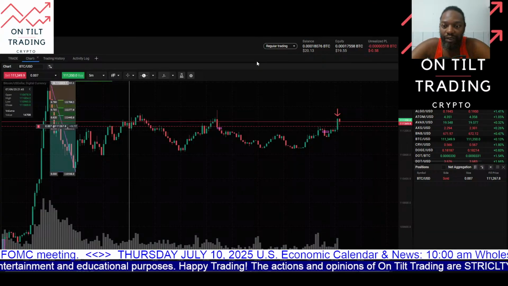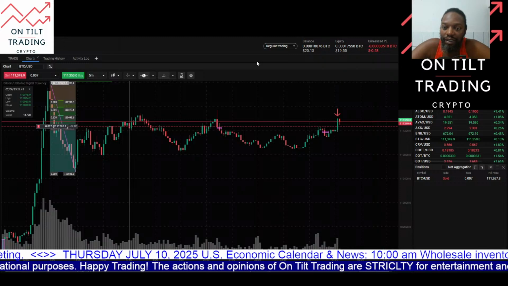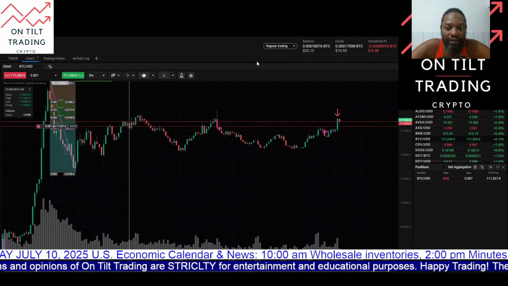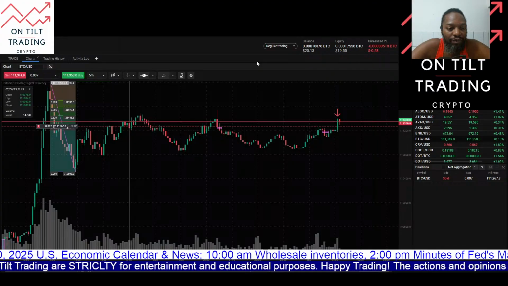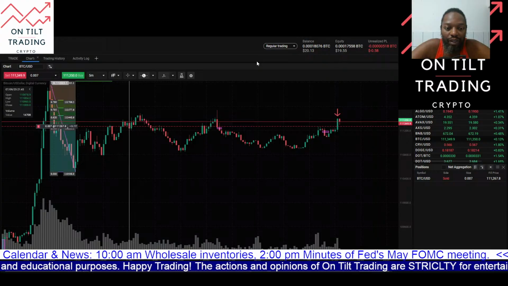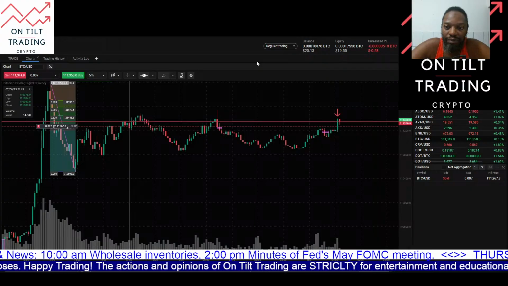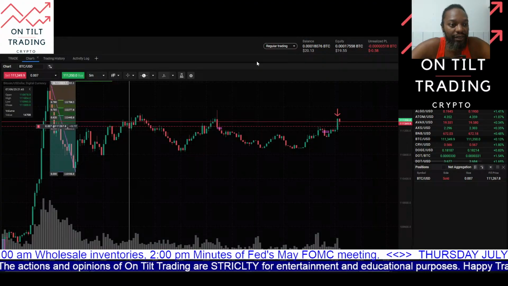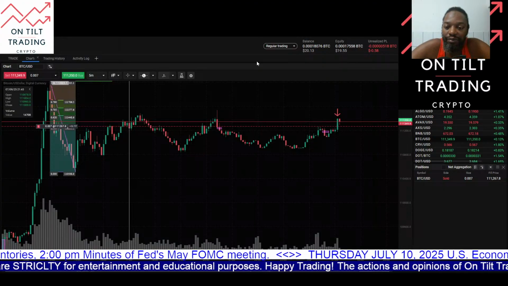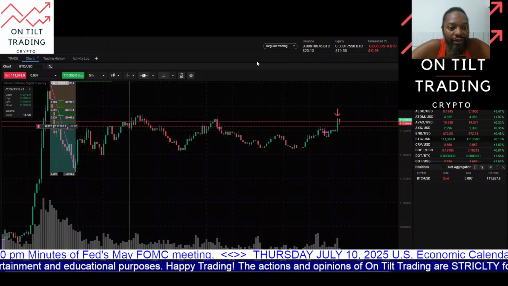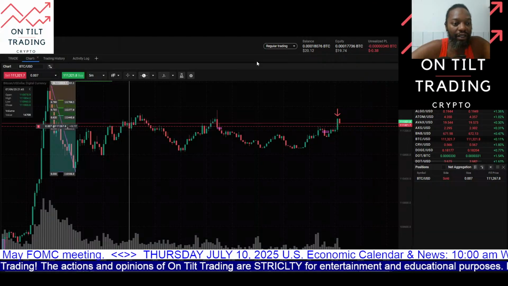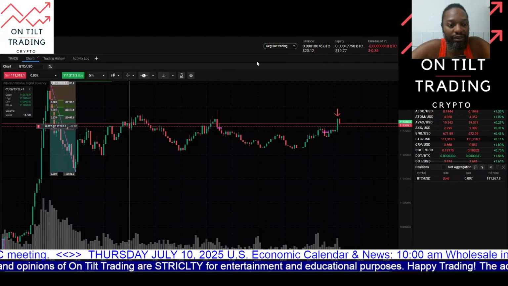Which this winds up being a 1-to-1, which is not, let's say, the most desirable risk to reward ratio, but for consistency purposes, based on my back testing on this particular setup over the past 5 days, coming out at 80%.